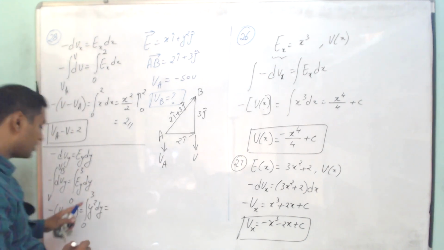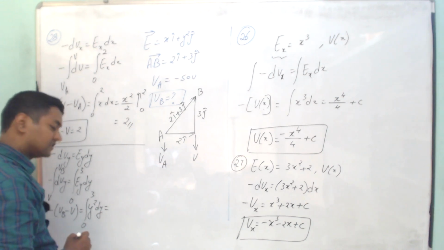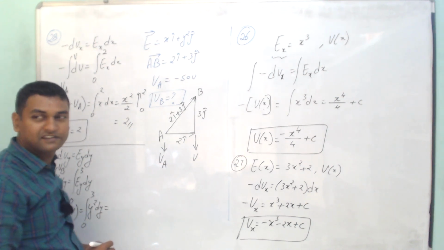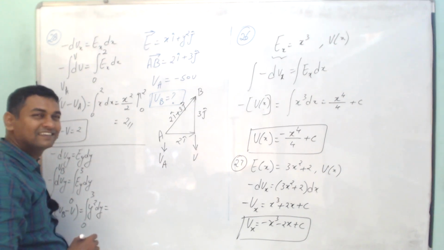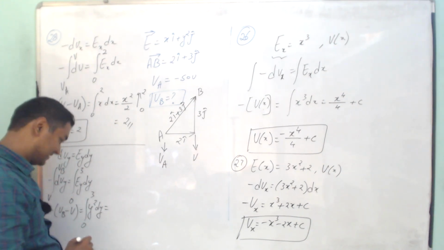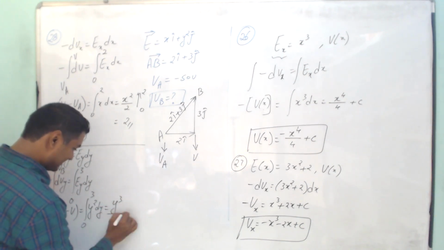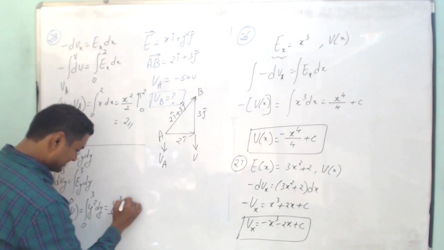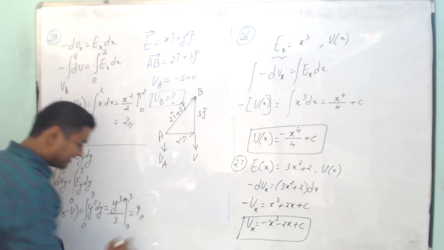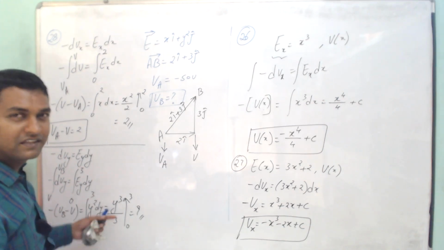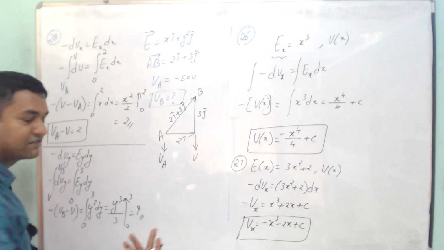How much will this be? 3 cube by 3, which is 27 by 3, which is 9.